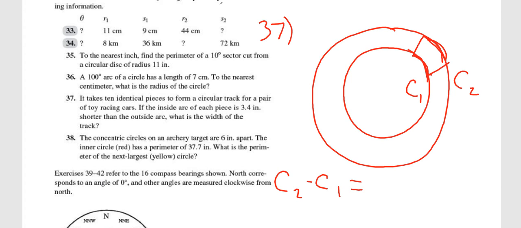Maybe this is not useful. There's 10 sections, folks. That means the difference between the circumferences would be 34. Maybe I just need to focus my attention on one of these pieces and look at this like we just did with one of the other questions.